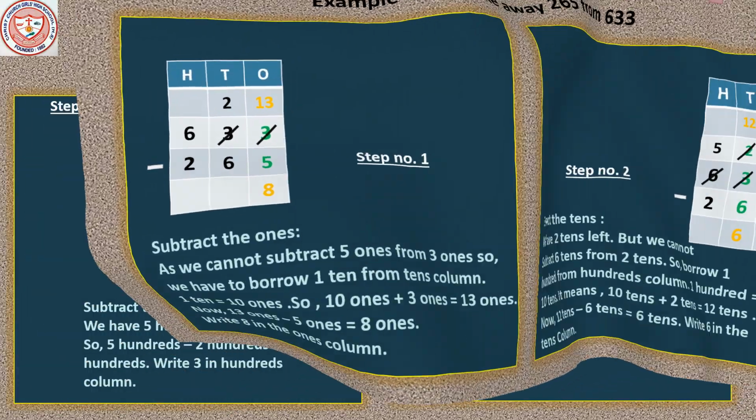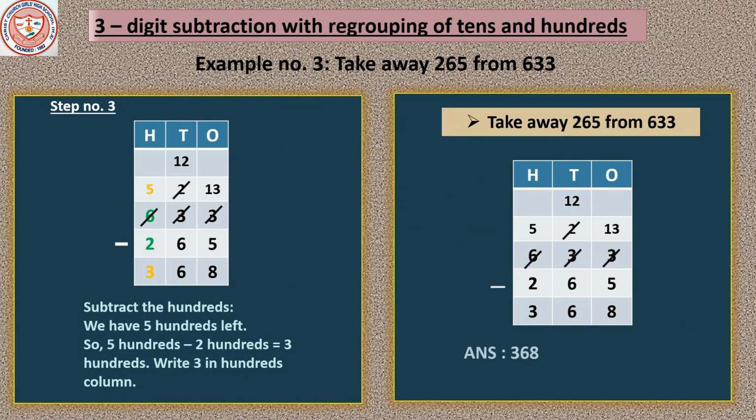Step number 3. Subtract the hundreds. In the hundreds column, there were 6 hundreds before borrowing 100.